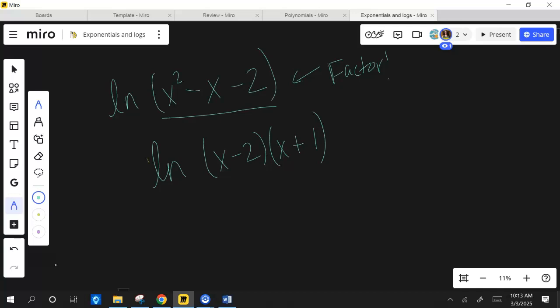This is one of the things that we talk about a lot in calculus: how can we manipulate and change it to look different but keep it the same. So we're changing it to multiply so that then I could split it up into natural log of x minus 2 plus natural log of x plus 1.